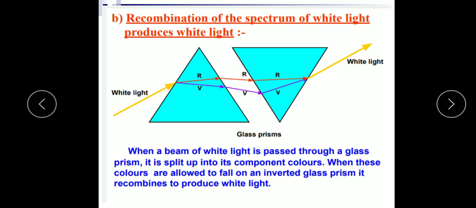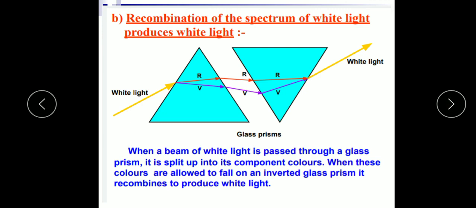This observation shows that sunlight is made up of seven colors. Any light that gives a spectrum similar to that of sunlight is called white light. So this is about the recombination of the spectrum of white light.